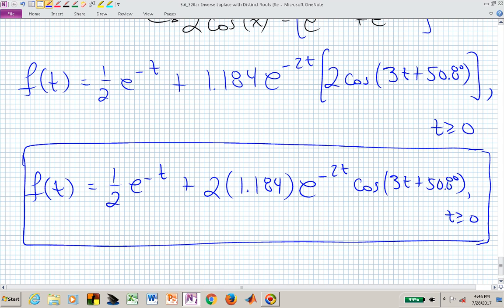And you might see that 2 times 1.184 collapsed into one value of basically 2.3, or something close to or a little bit bigger than 2.2.